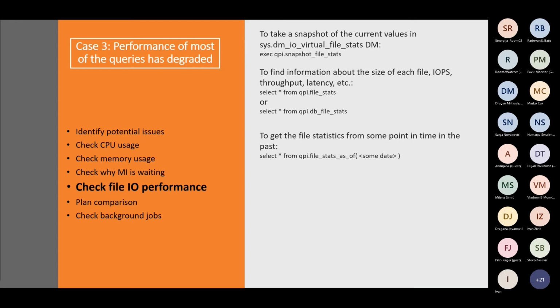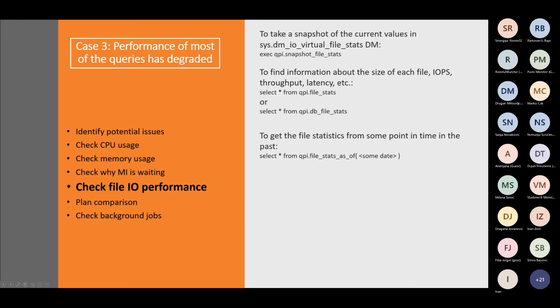First, you need to take a snapshot of the current values using this command, and this is the baseline for I/O statistics, and you can get the cumulative or average values until this point. Now you need to keep your workload running until the moment where you want to measure I/O performance using the following views: the QPI file stats, or DB file stats if you are interested in the current database.